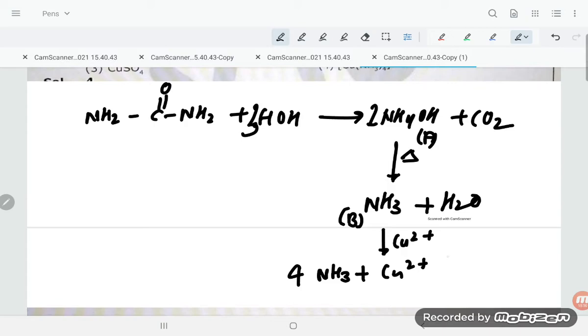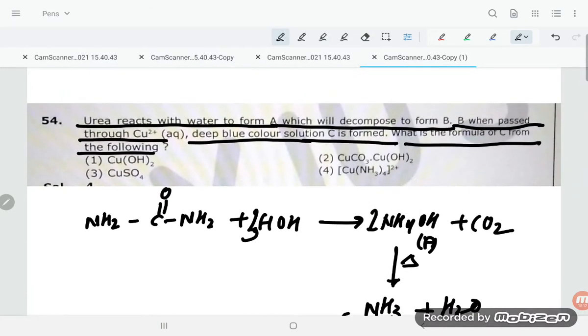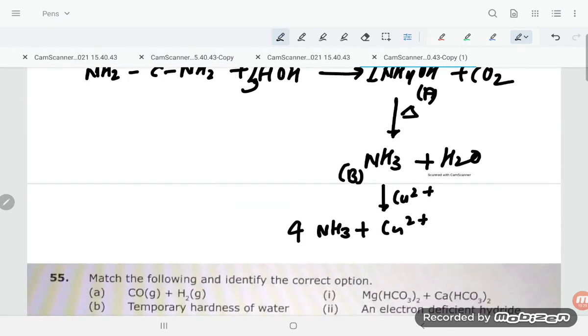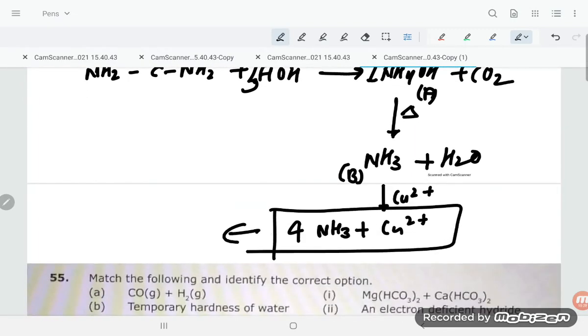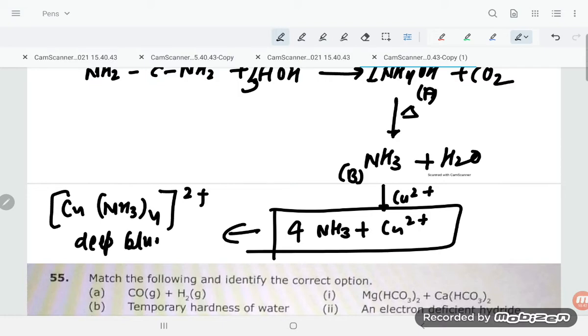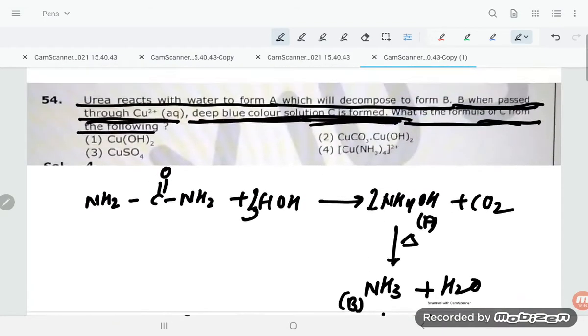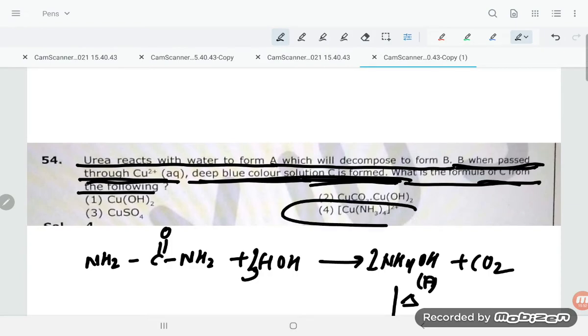They are asking the formula of C. So C is this only, student. Written as a formula, it will be Cu(NH3)4 2 plus, the tetraammine copper 2 plus ion. This is known as the deep blue colour solution, student. So the correct formula is option number 4, students.